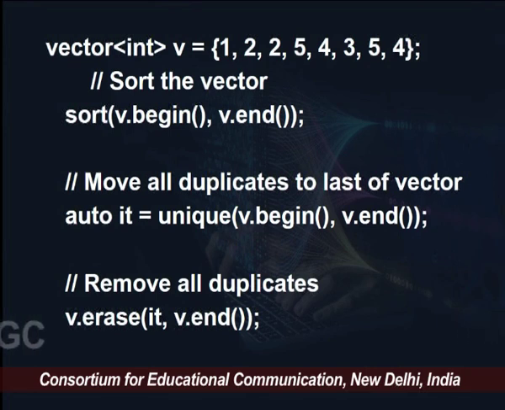So, in order to remove all the duplicates, we use sorting. Then we place the duplicate members at the end of the vector, and then we remove all those duplicates placed at the end of the vector using v dot erase.